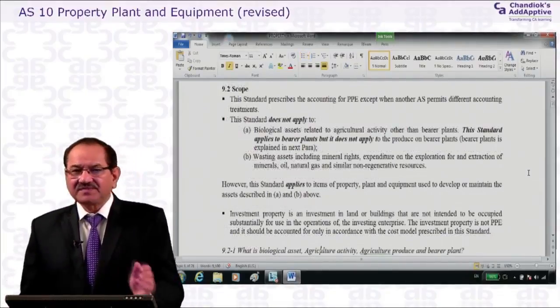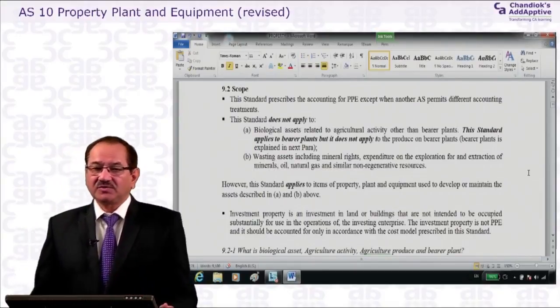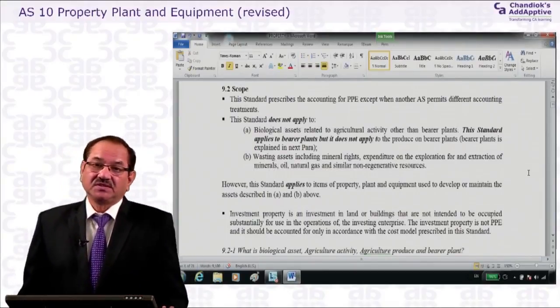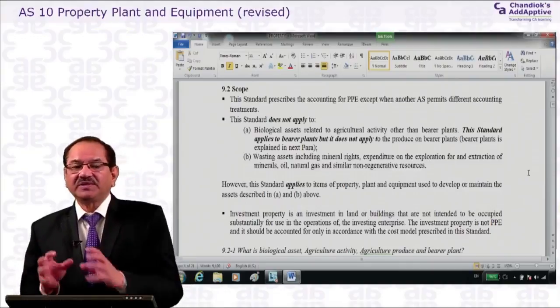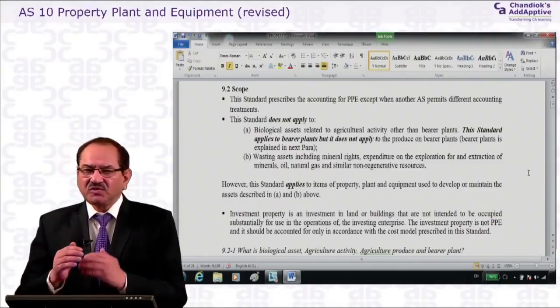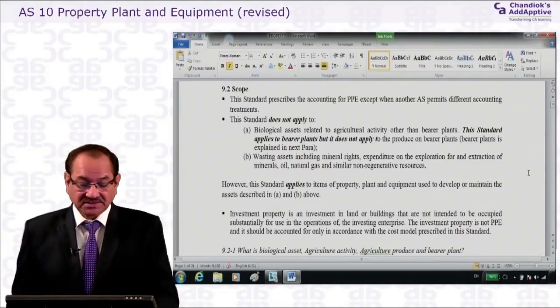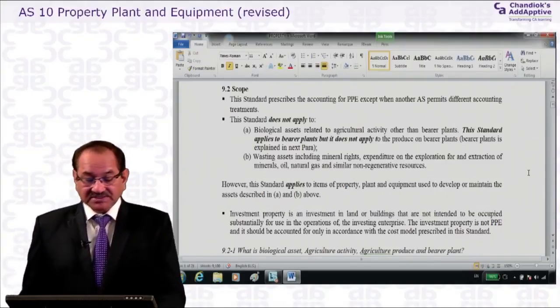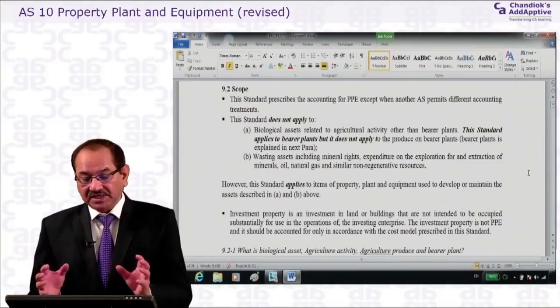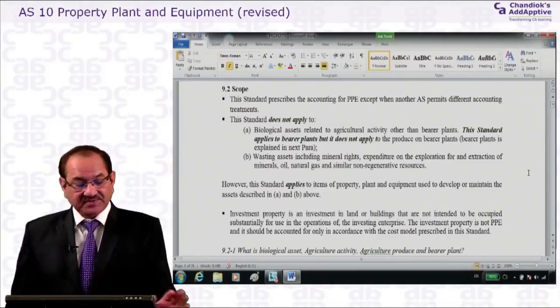What is the slight difference is in the scope of this. When we talk about property, plant and equipment, the scope has expanded a little bit, which was not there earlier in fixed assets. Now, this standard prescribes the accounting for PPE except when another standard permits different accounting.